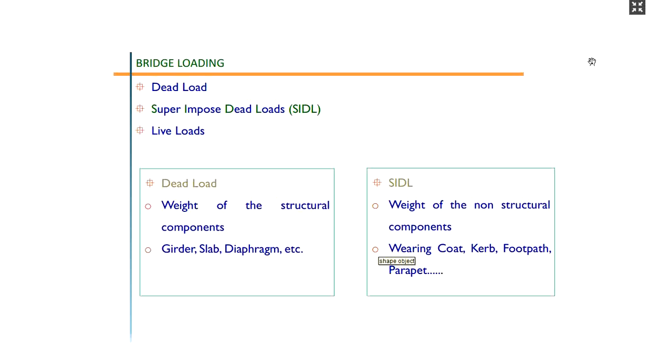So if we consider the weight of the structure, apart from that, if we are going to place some material, like the road and other types of accessories like wearing coat, curbs, footpath, these will be added as a superimposed dead load. But the important thing is the live load.